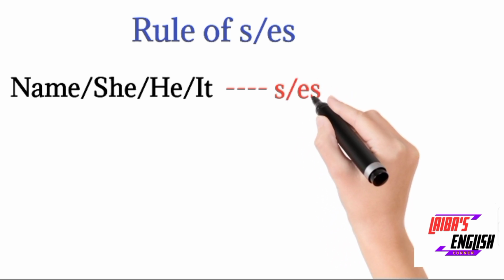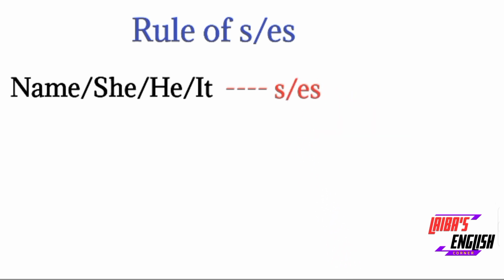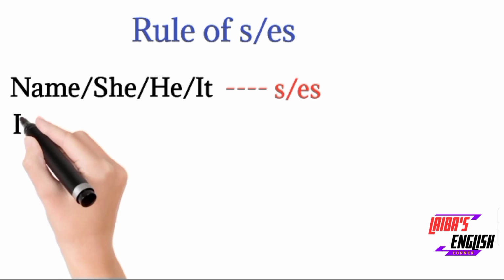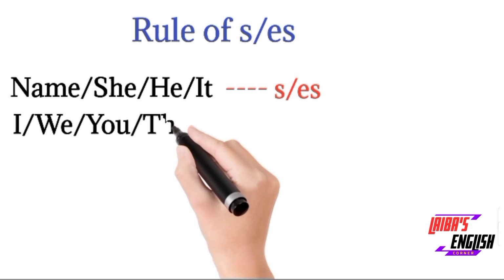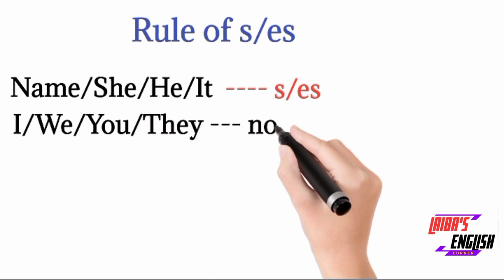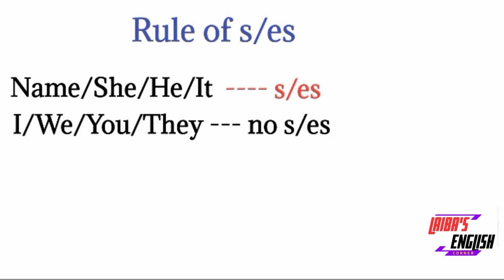S will be used for singular things, while es will be used for plural things. And if we have I, we, they, you as a subject in a sentence, we will not use s or es. We will have some examples to make our concept more clear.